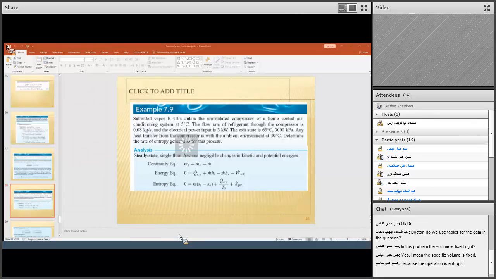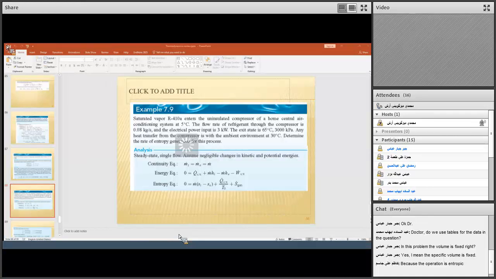The exit state of the compressor is 65 centigrade with 3000 kilopascal. Any heat transfer from the compressor goes to the ambient environment at 30 centigrade. Determine the rate of entropy generation for this process.